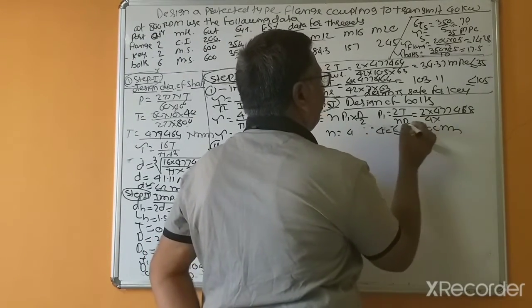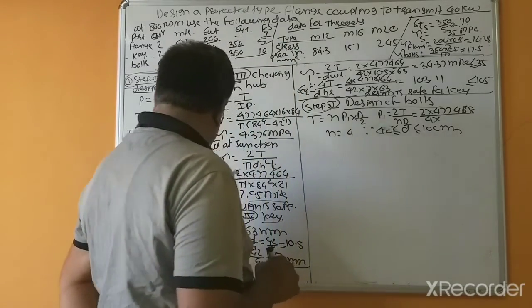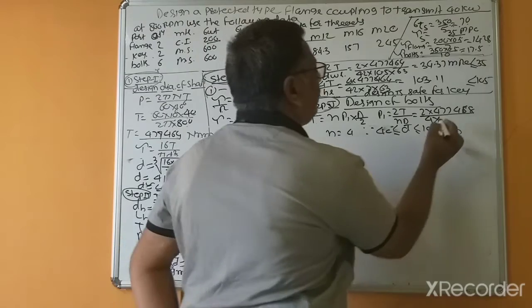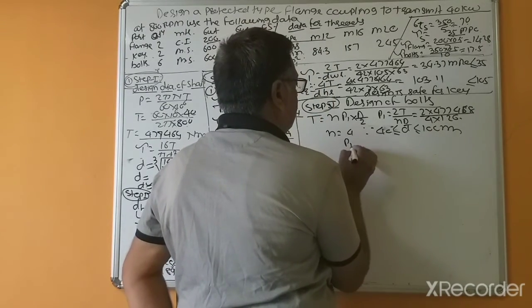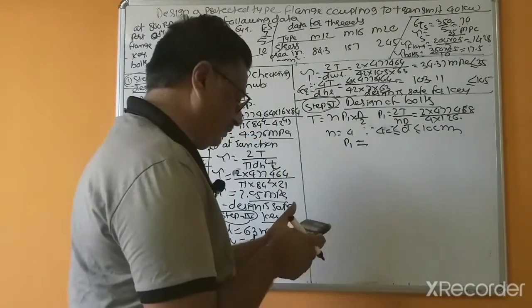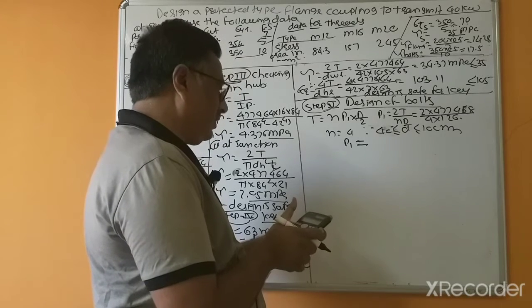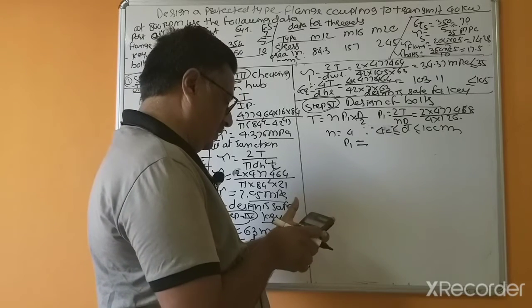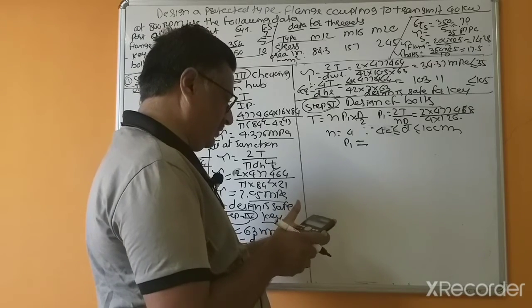4, D equal to 128, I think 126. So that's why P1 equal to 468 multiplied by 2 divided by 4 divided by 126.